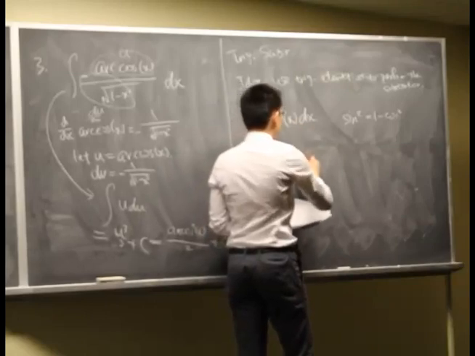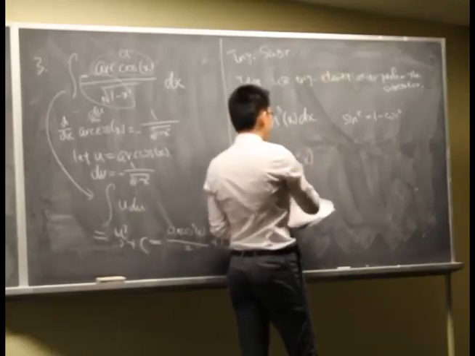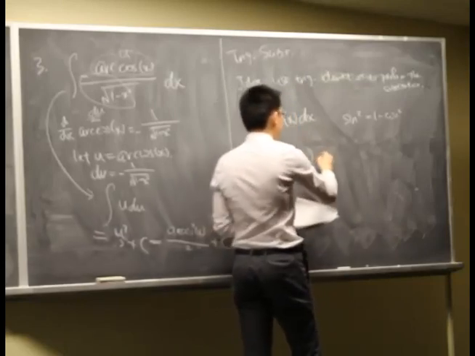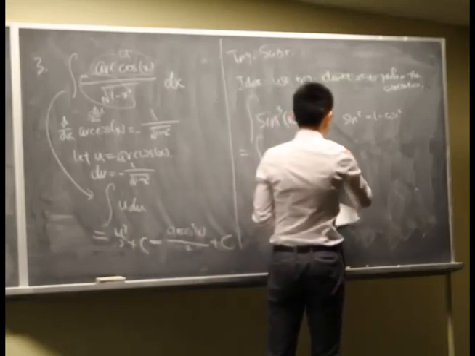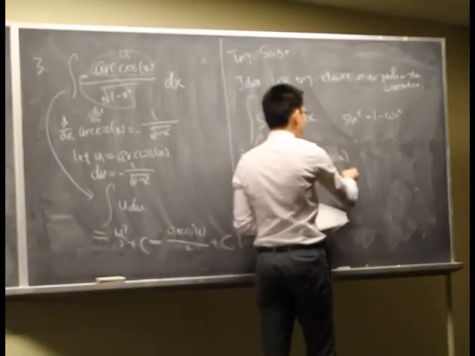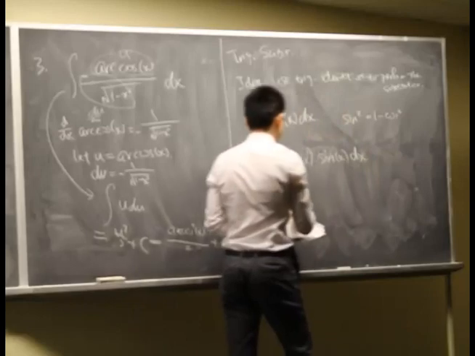So this expression simplifies to 1 minus cos squared x, because this is sine squared times sine x. So it's 1 minus cos squared x times sine x dx.